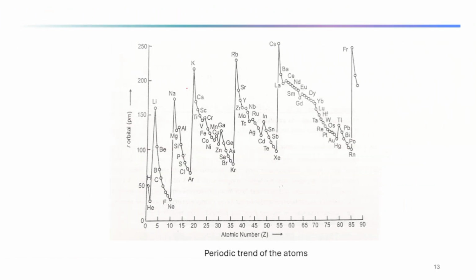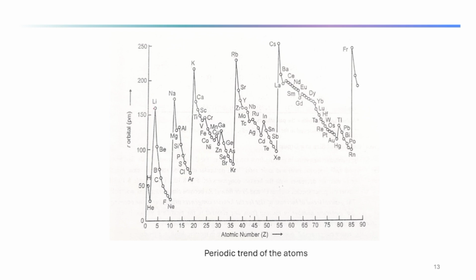Now this is the chart which tells you Z versus R, means atomic number versus the radius of atom or radius of orbital. Now you can see, so these are the s block elements.